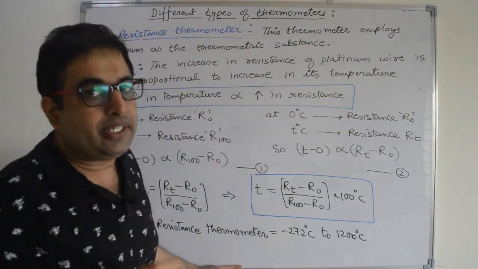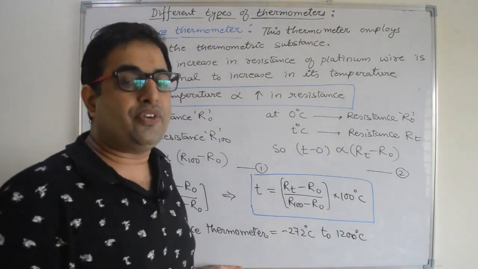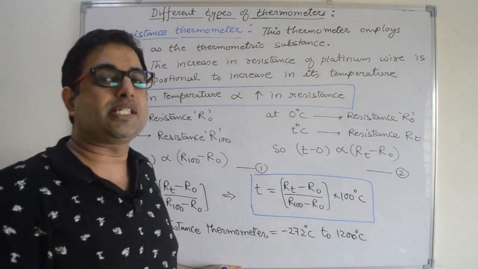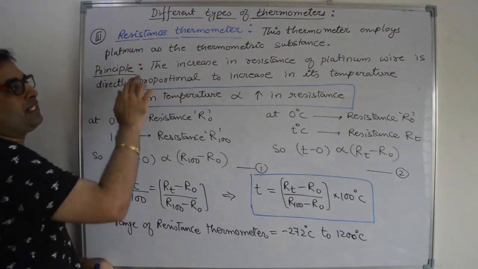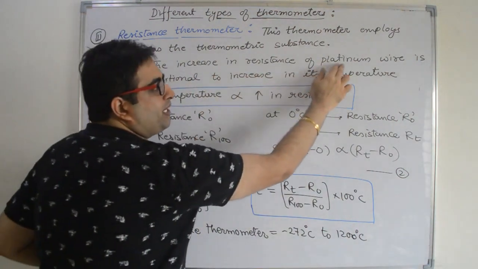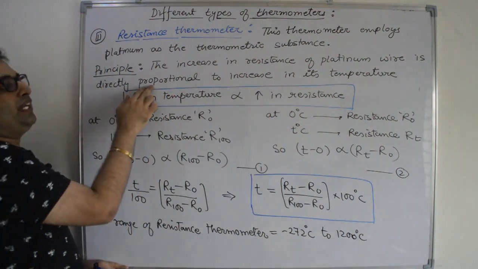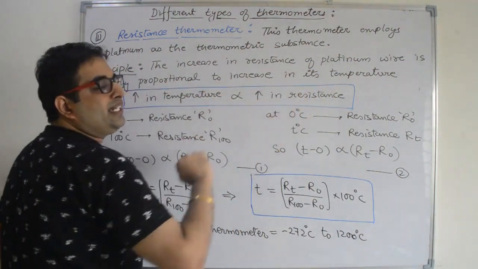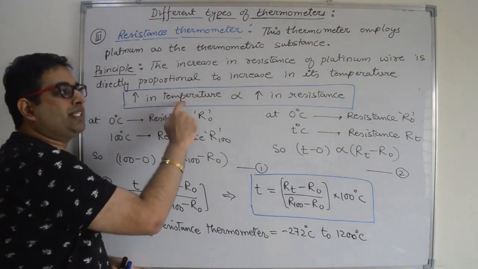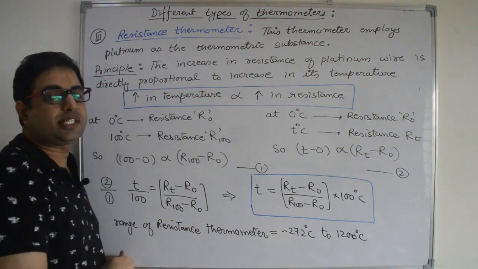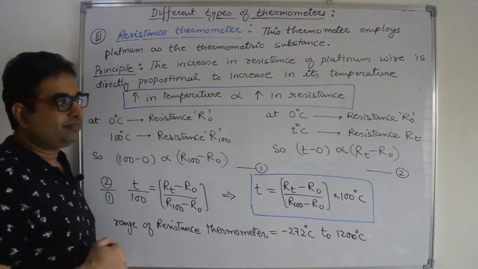Now what is the principle? The increase in resistance of the platinum wire is directly proportional to the increase in temperature.